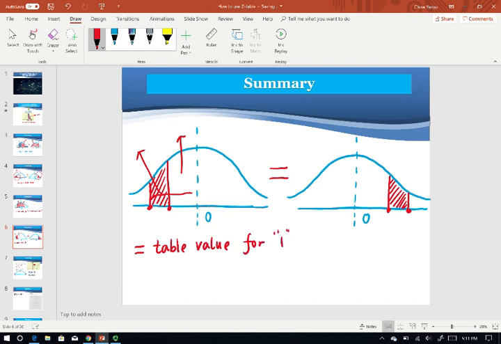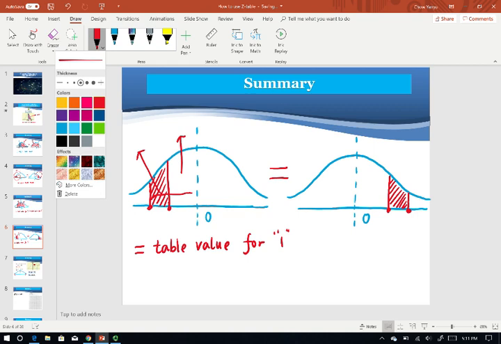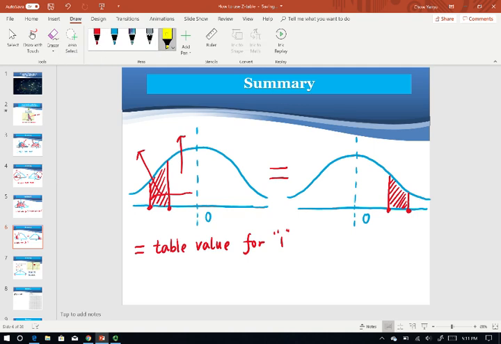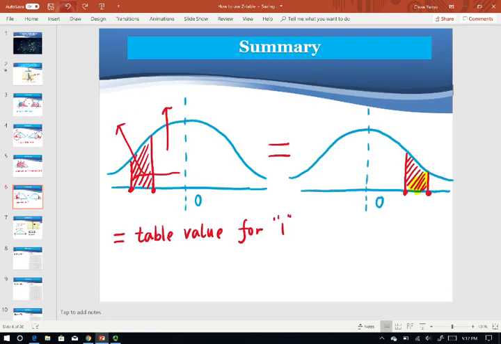So it equals the table value for the first number. Let me change the color to give you a sign, maybe red or yellow. This whole area is the table value for the first number, minus this area, which is also a table value for the second number.